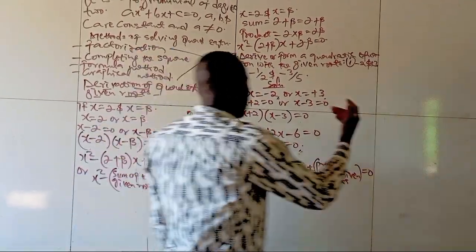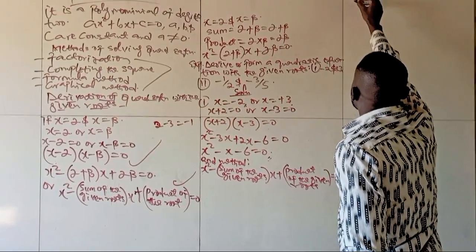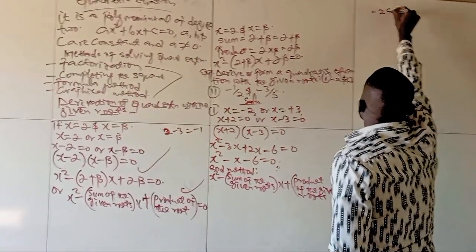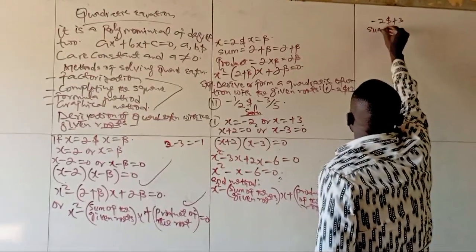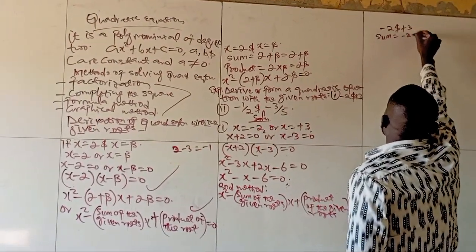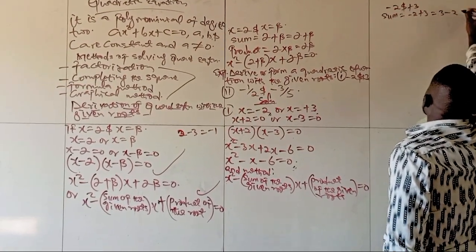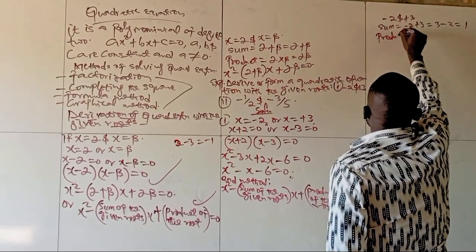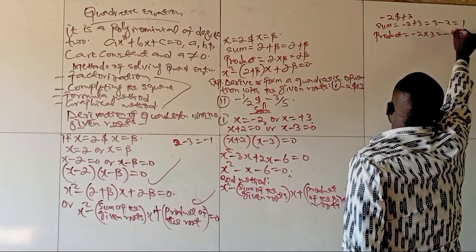All right, so in general terms, what are the roots? The roots are -2 and +3. The sum of these roots is -2 plus 3, which is 3 minus 2, which is 1. And then the product of these will be -2 times 3, which is -6.